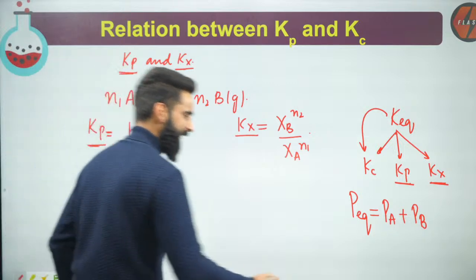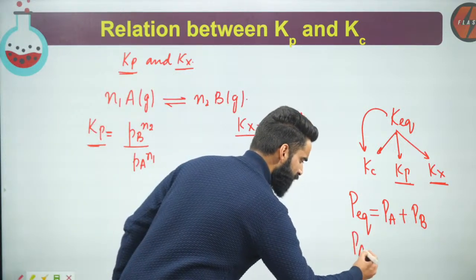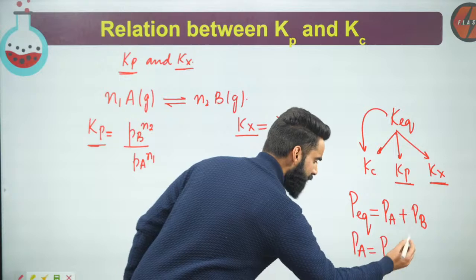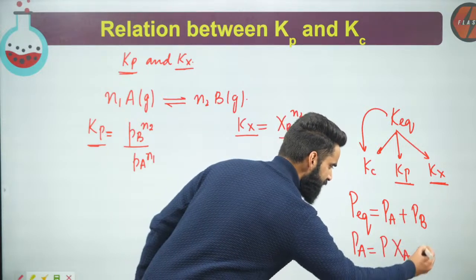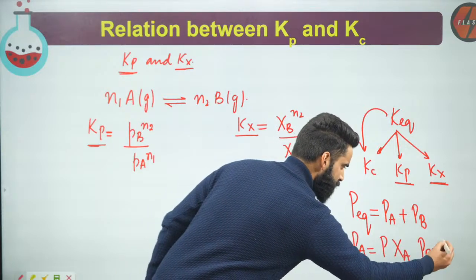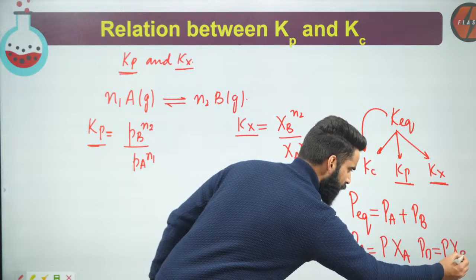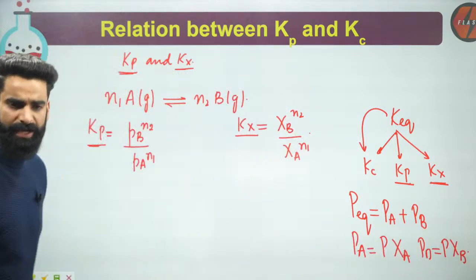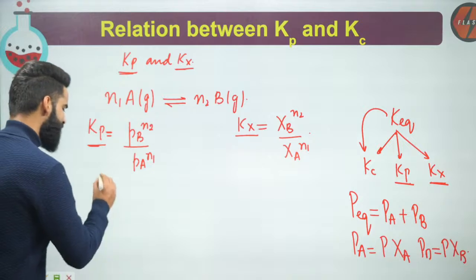At the same time, in the gaseous state we have discussed that the partial pressure of A is equal to total pressure multiplied by mole fraction of A. Similarly, partial pressure of B is the total pressure of the container multiplied by mole fraction of B. Now people, can I write it like this?